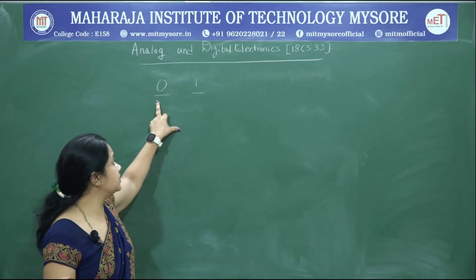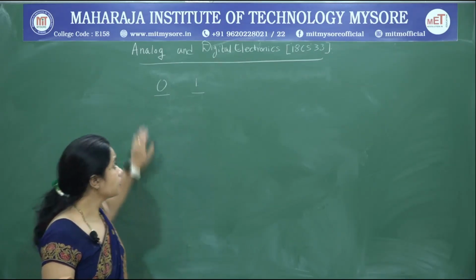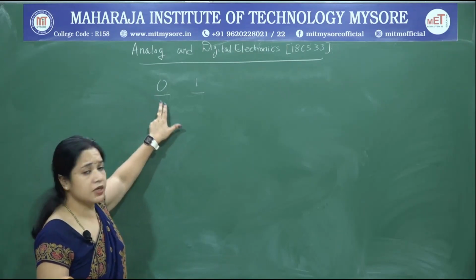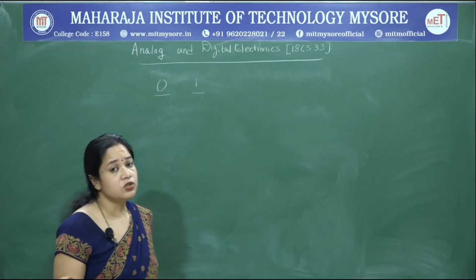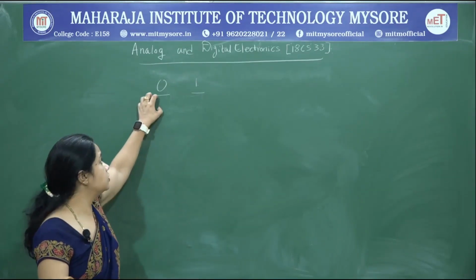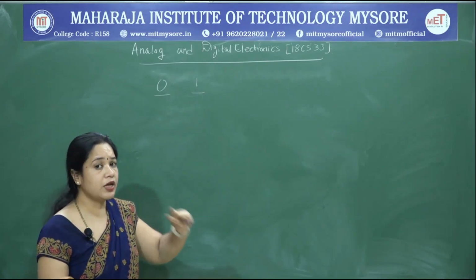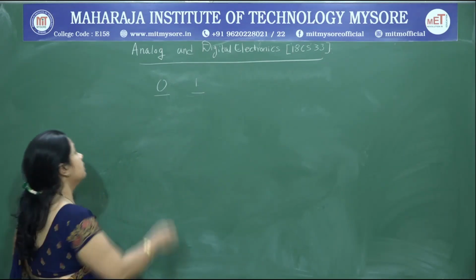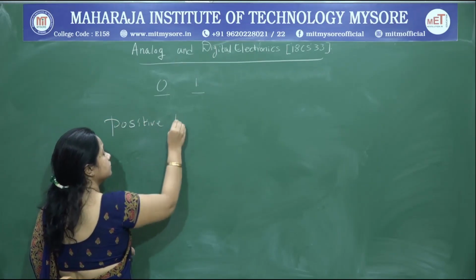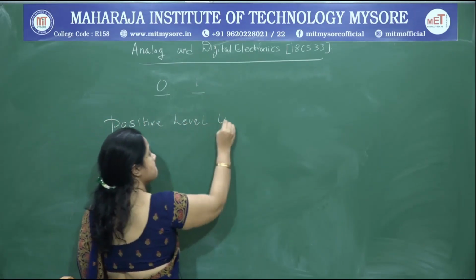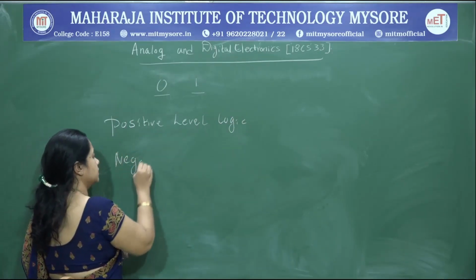How to represent a 0 and how to represent a 1 is the next question. We use some signal to represent 0 and some other signal to represent 1. Based on what signal we use to represent a 0 and what is used to represent a 1, we have 2 types of logic system: positive level logic and negative level logic.